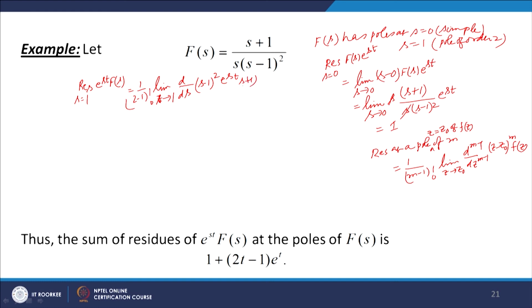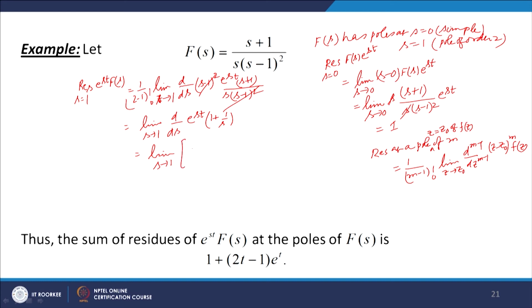So, (s plus 1) over s into (s minus 1) whole square. This cancels with this, and 1 over 1 factorial is 1. So, the limit as s tends to 1 of d over ds of e to the power st into (1 plus 1 by s).